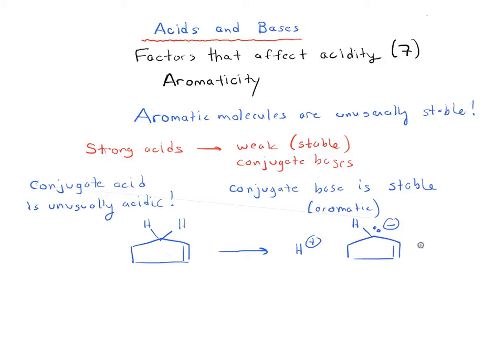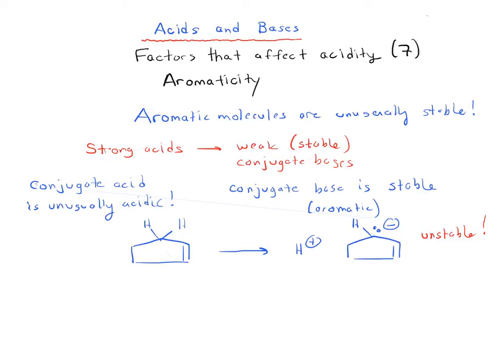This is a very unstable molecule. How unstable? It's a little bit more stable than if it was just cyclopentane because of resonance, but it's an extremely unstable type of molecule. This would not be a very favorable type of reaction.